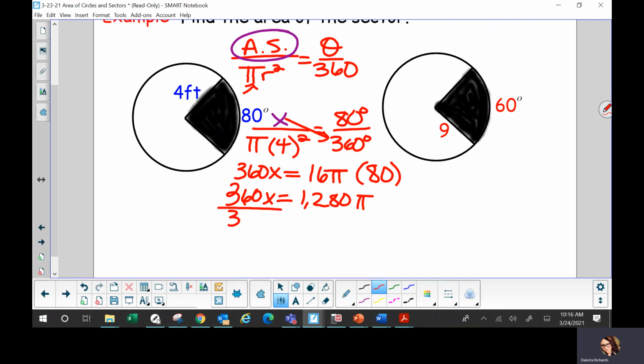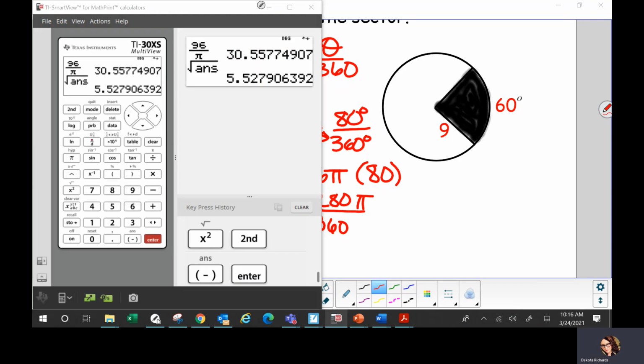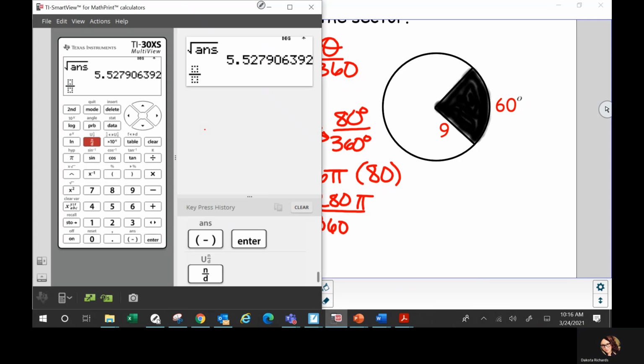You're going to divide by 360. The exact answer is 32 pi over 9.